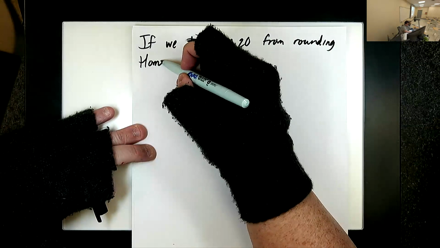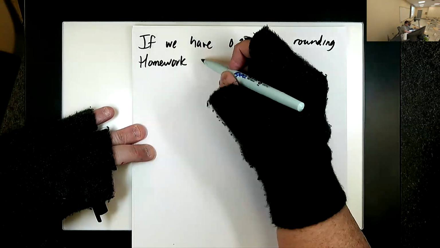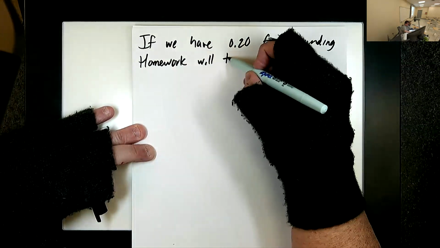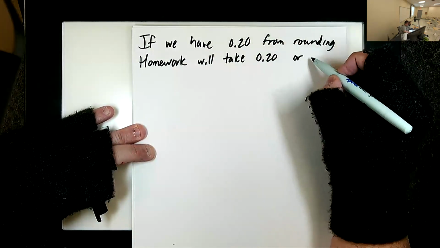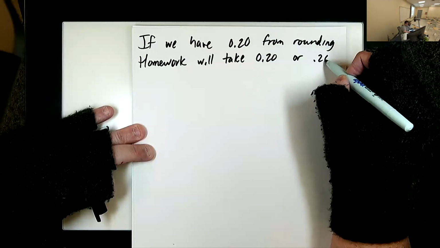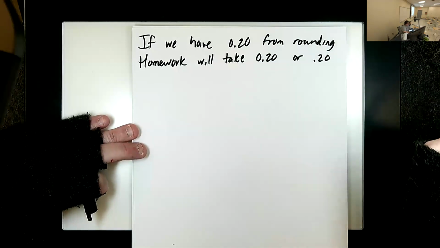Homework will definitely take 0.20, or usually 0.20. Usually you can drop the first zero.